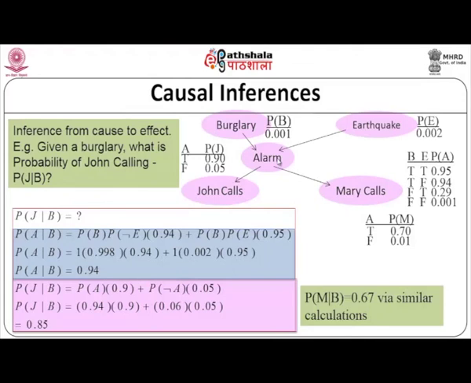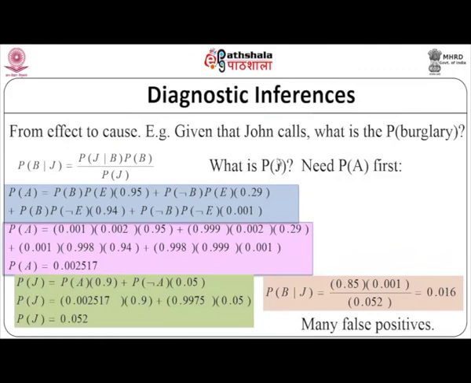So, all 4 combinations: burglary occurring, not occurring, and so on. From that you get the probability of A, which is 0.00257.